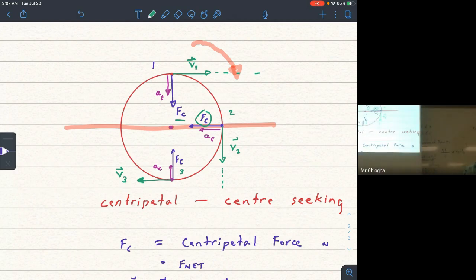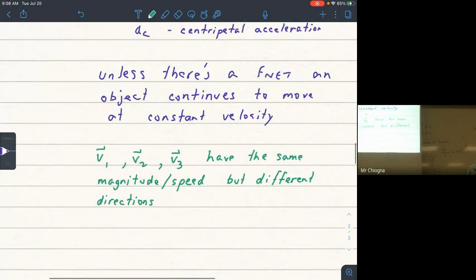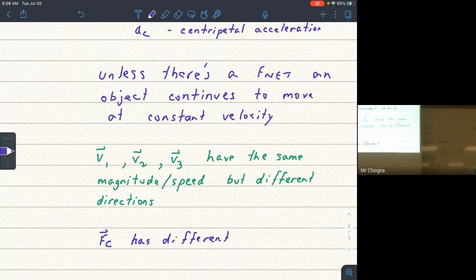So the force FC, I'll put it in purple, and it's a vector, so I indicated that, has different directions at each point.